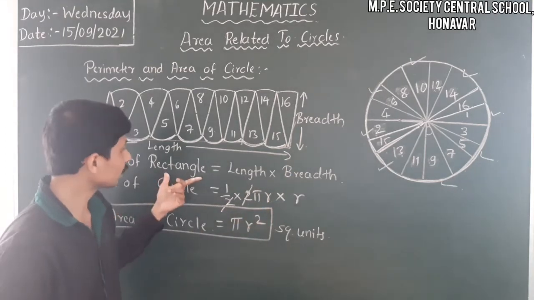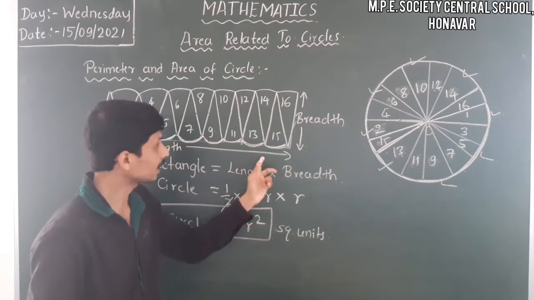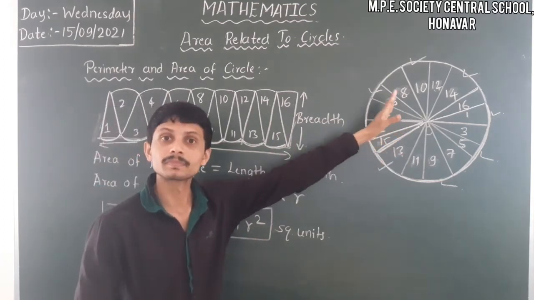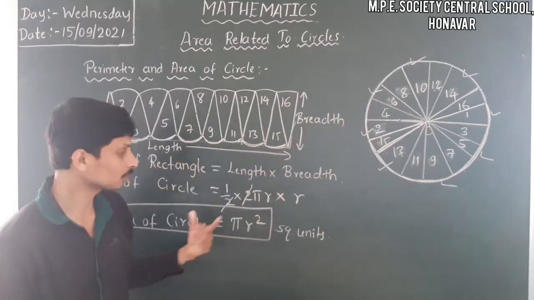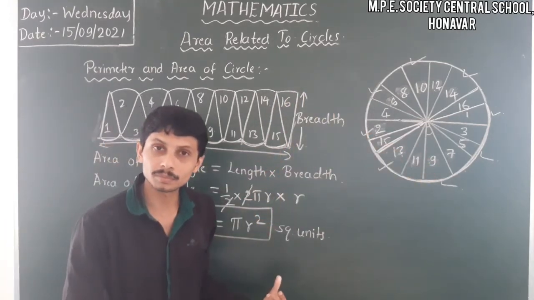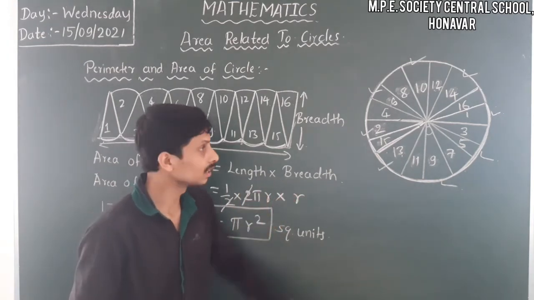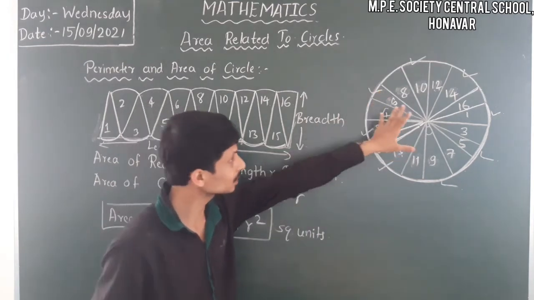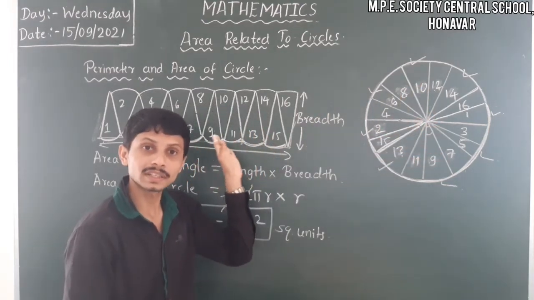Then we found the area of the rectangle is equal to length into breadth, and we compared the length and the breadth with the circle and substituted all those things. We got the area of the circle, because the area of the rectangle is equal to the area of the circle in this case, since whatever parts we have here, we arranged them to get the rectangle.